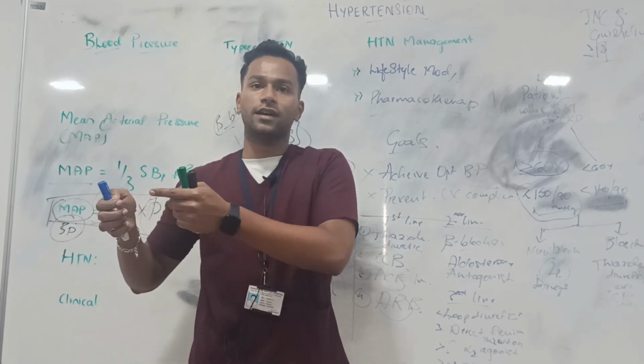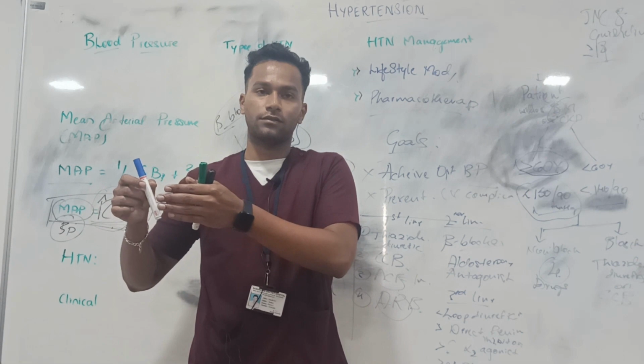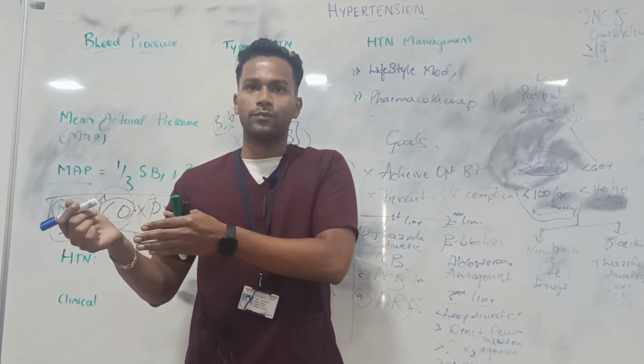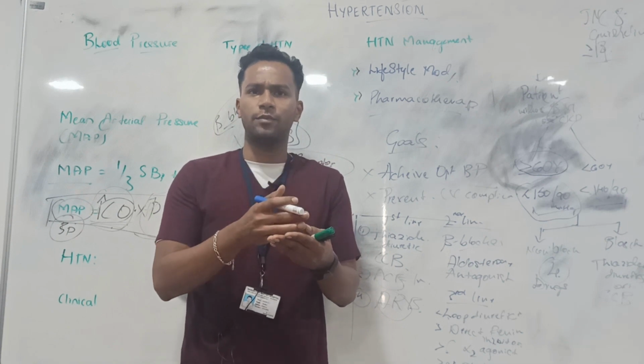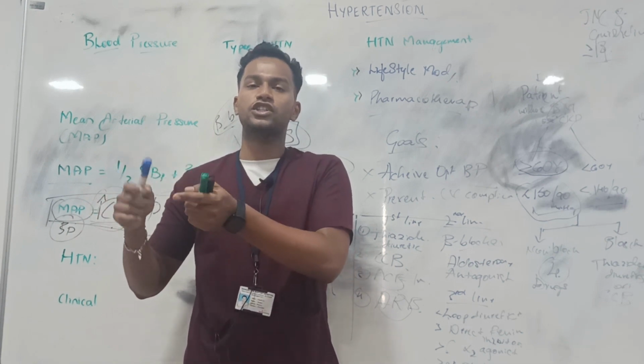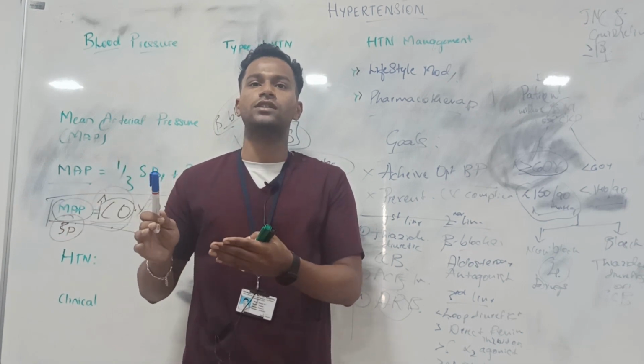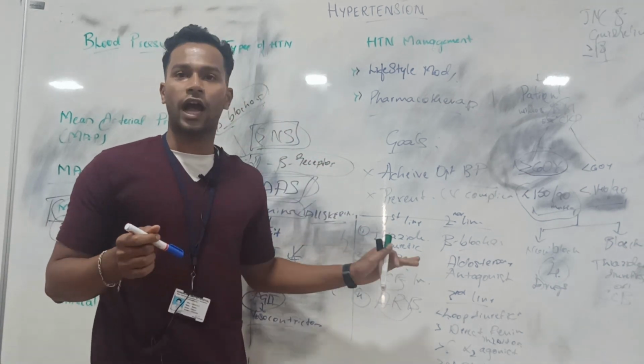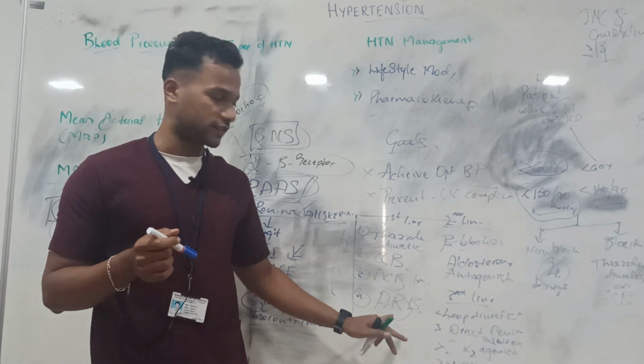Along with that, in normal function, there will be excretion of potassium. But when the aldosterone is inhibited, the excretion of potassium is inhibited, so there will be elevated potassium in the body. So that is how hyperkalemia is caused.